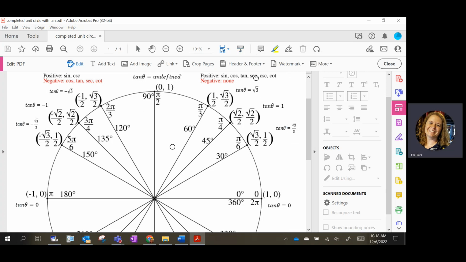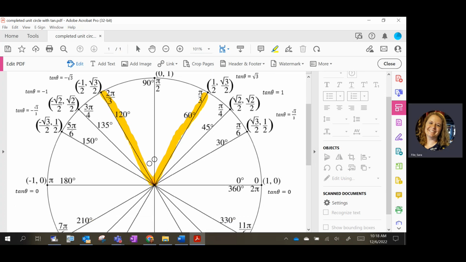Oh, it might actually. Let's see. Oh, okay. I can do this. Okay, so I'm going to color code.